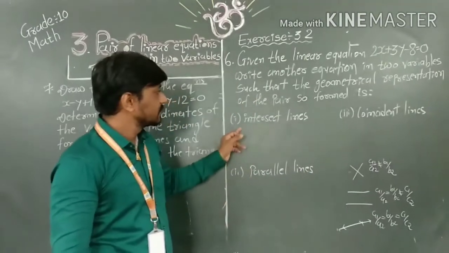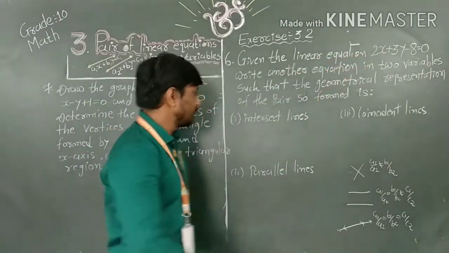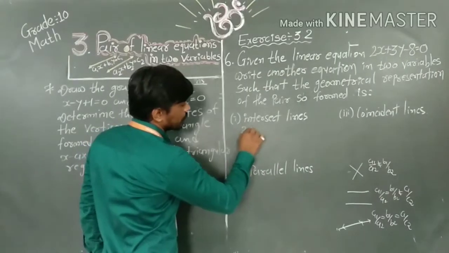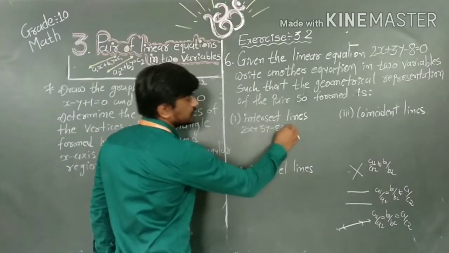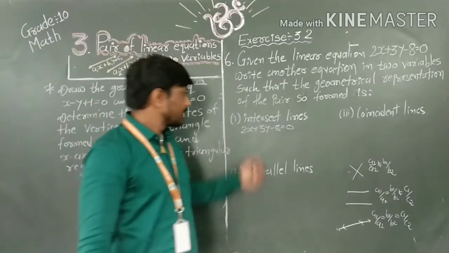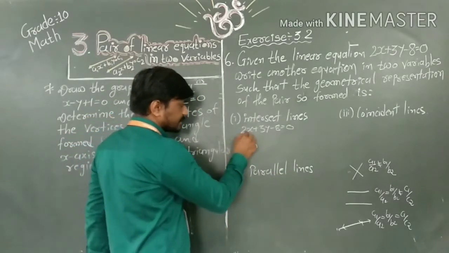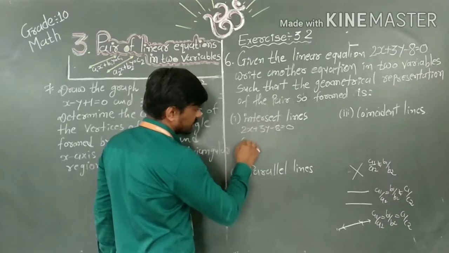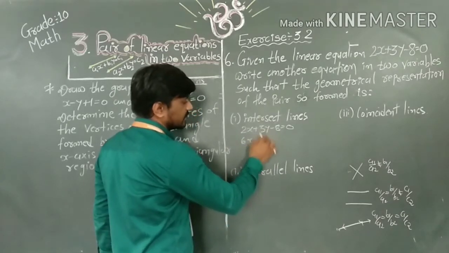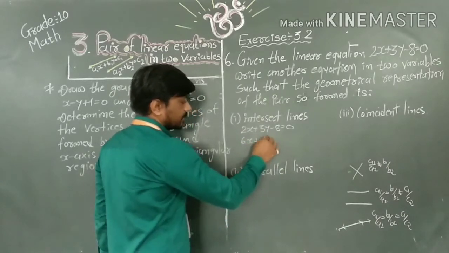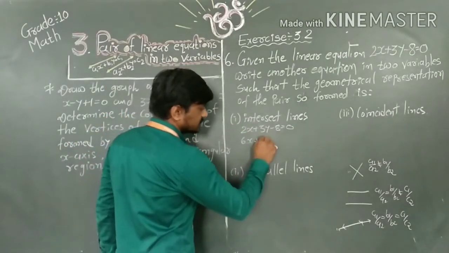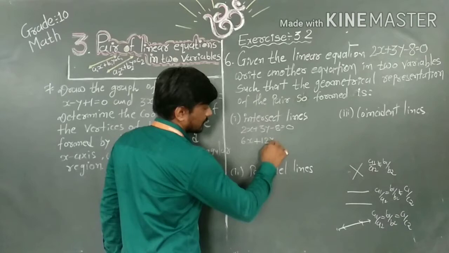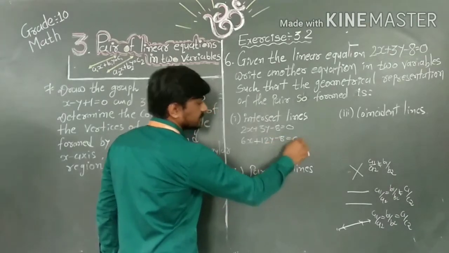Therefore, we have the equation 2x plus 3y minus 8 is equal to 0. Now I multiply this term by 3, that means 3 twos are 6, and here 3 threes are 9, or you can multiply with 4, 3 fours are 12, and minus 8 as it is.